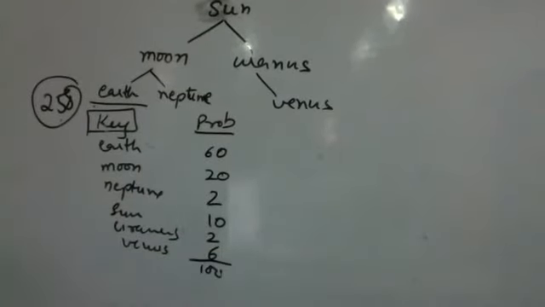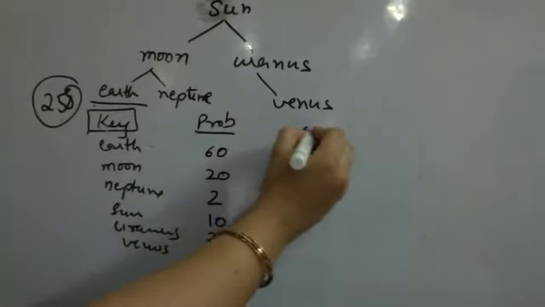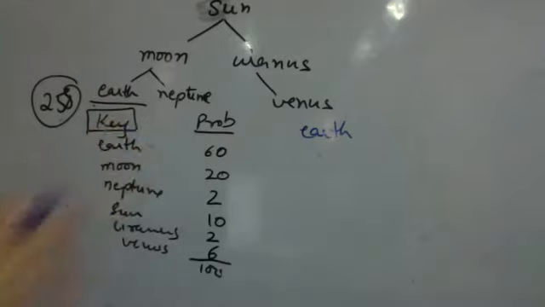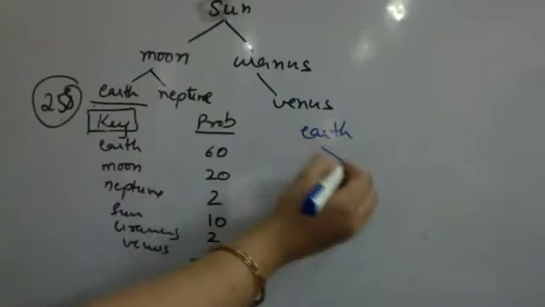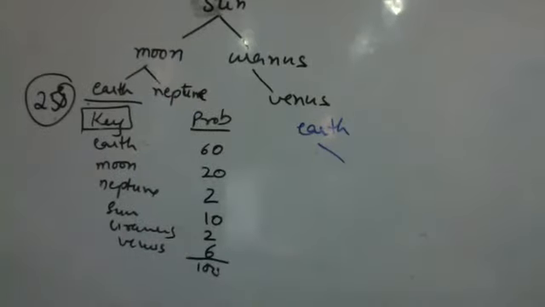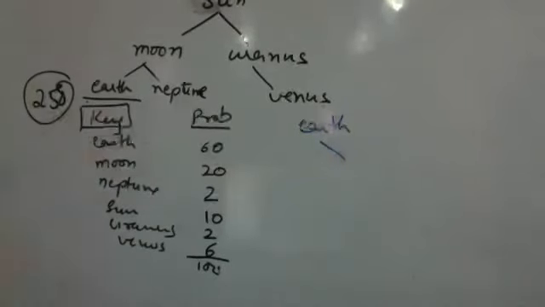Let's see what happens in that case. I'm building a tree. I'm taking Earth as the root right now, and if Earth is the root, then I have to take the next child at the right hand side only, because it is the lowest. The binary search tree property must hold.